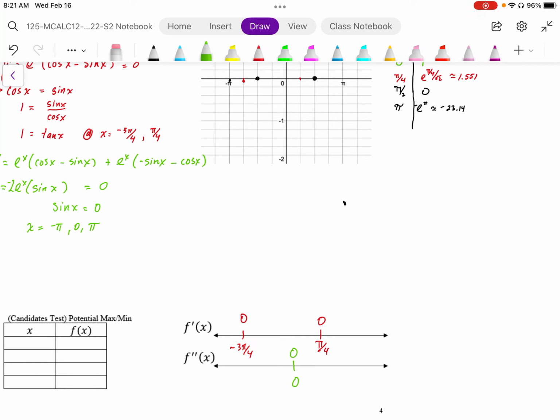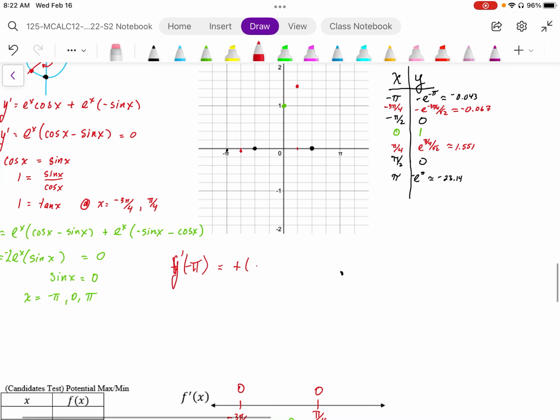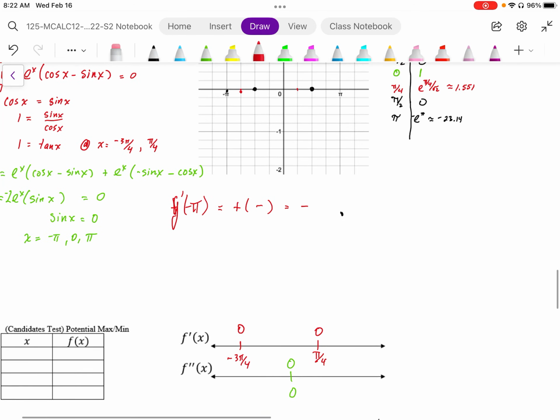So I'm going to start with my slope chart, and I'm going to test my slope, the y prime, at negative pi. When I plug negative pi in, I get e to the negative pi, which is positive, and cos of negative pi, which is negative 1. Sine of pi is 0, so I get a negative slope here, so it goes down.